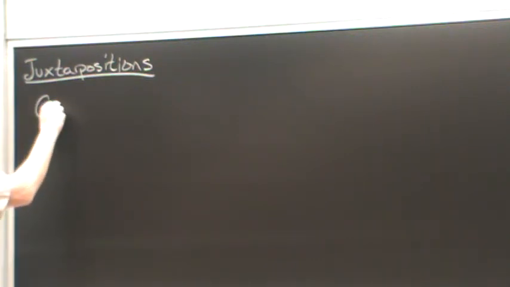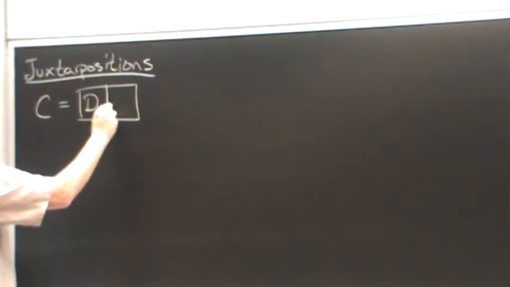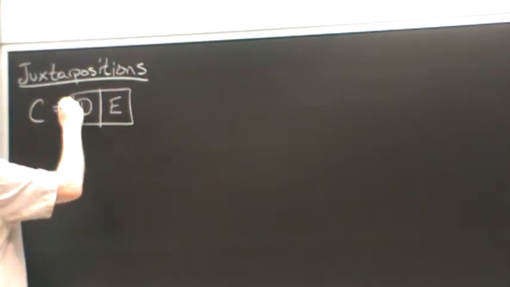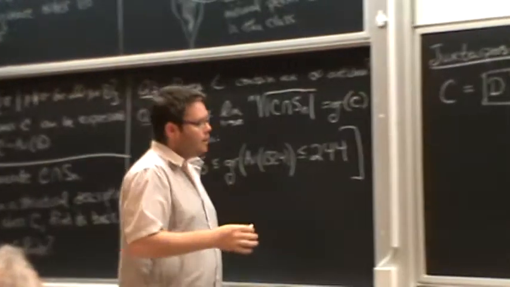Let's say we have two classes D and E. The natural way to combine them would be to form this class C, which I'm going to express this way for this talk. Okay, it's two boxes, one box for D next to a box for E. This is all the permutations, well, write it out here.